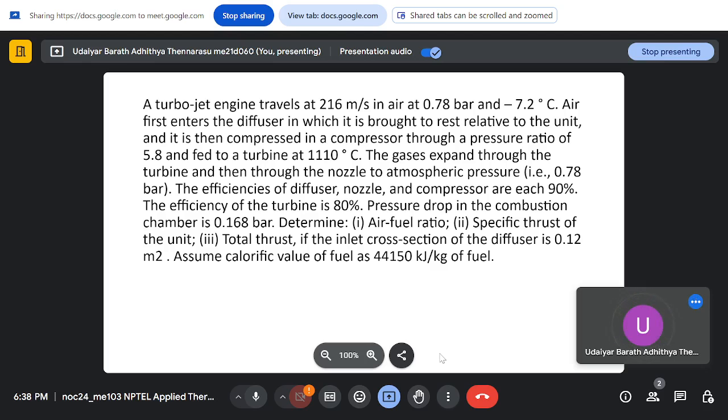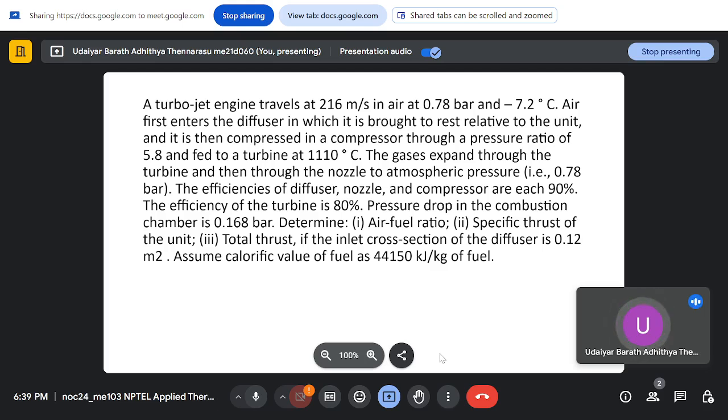So actually what all we have to find? We have to find air fuel ratio, specific thrust and total thrust. What is given? Aircraft velocity is given, which is 216 meters per second. I know inlet pressure and temperature, and I know efficiency of each of the components. Diffuser, nozzle and compressor are 90% and turbine is 80%.